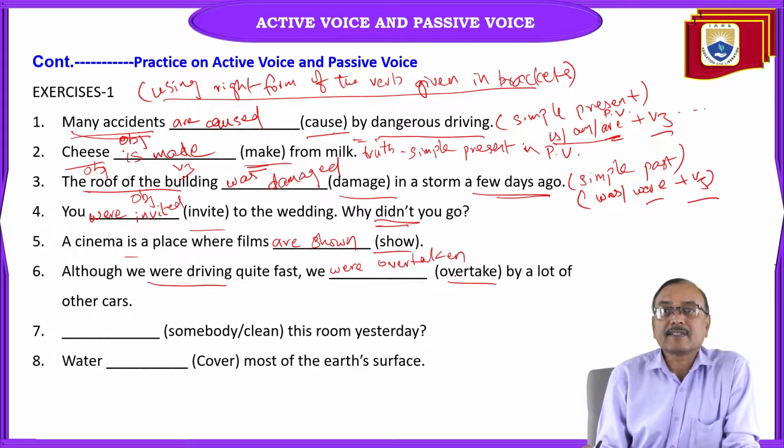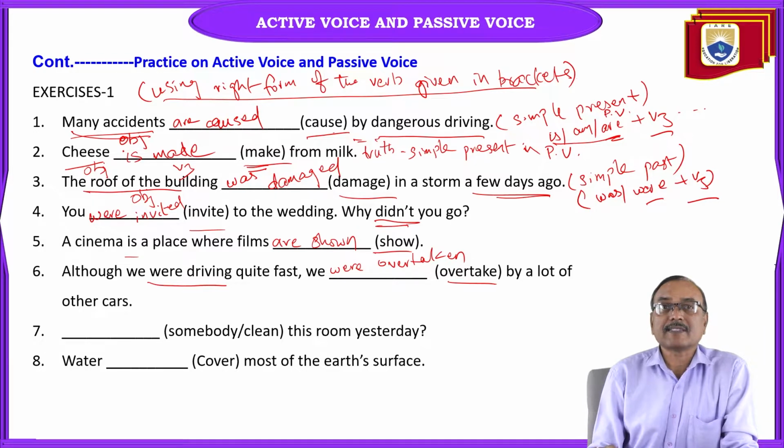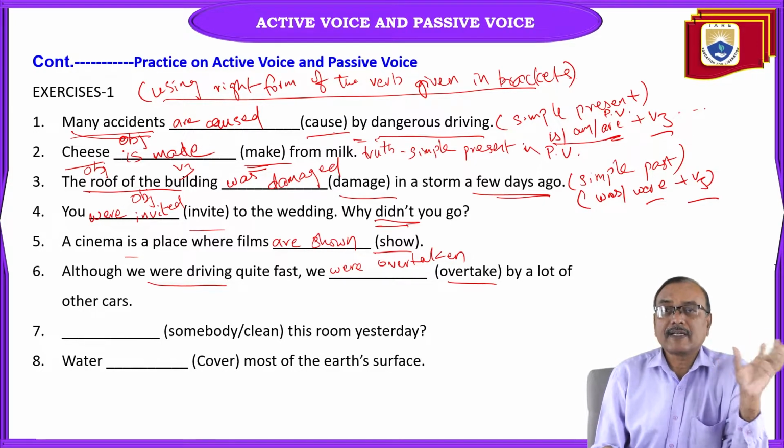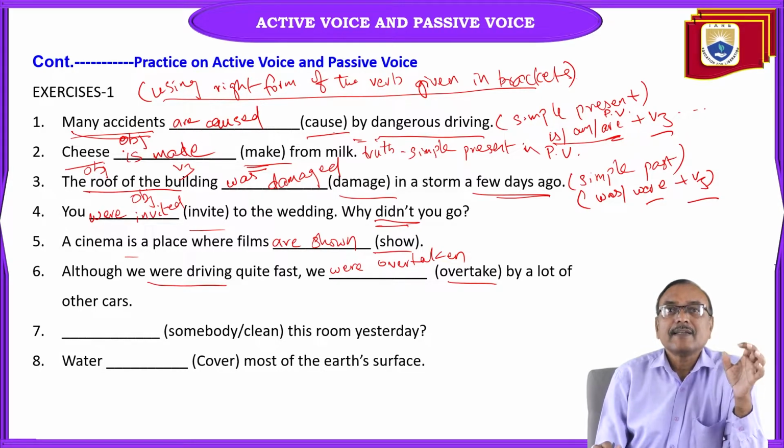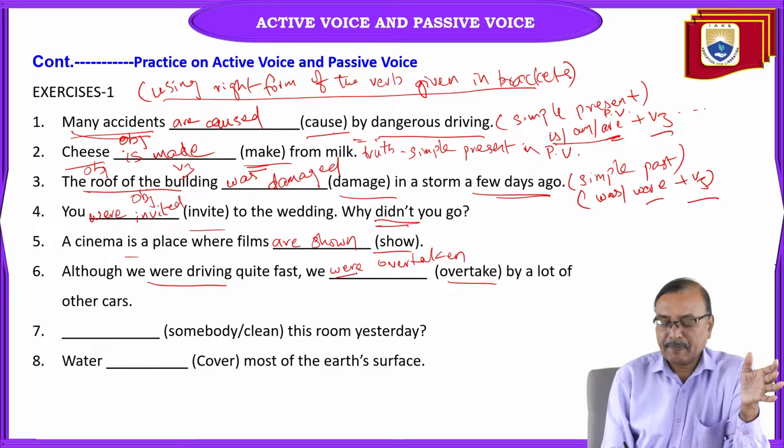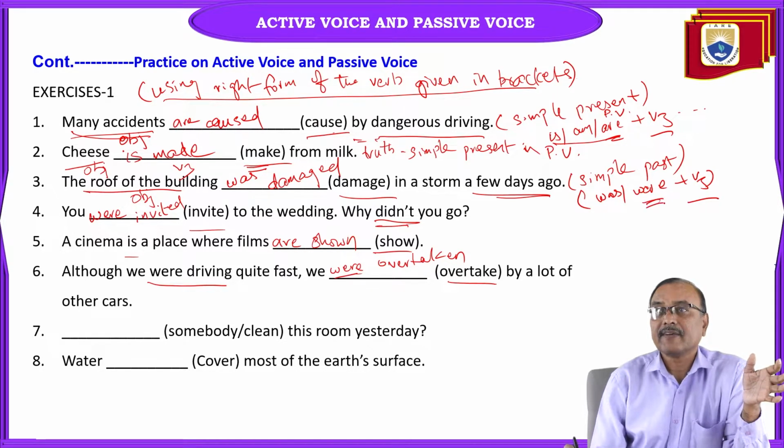We were overtaken by a lot of other cars. How can you identify? It is past. Here already I have given were V3 in past.